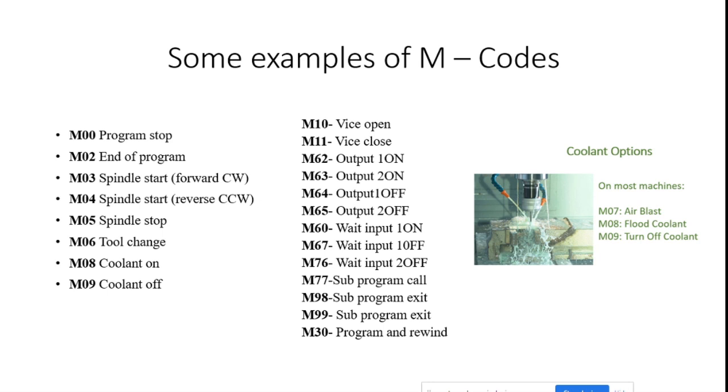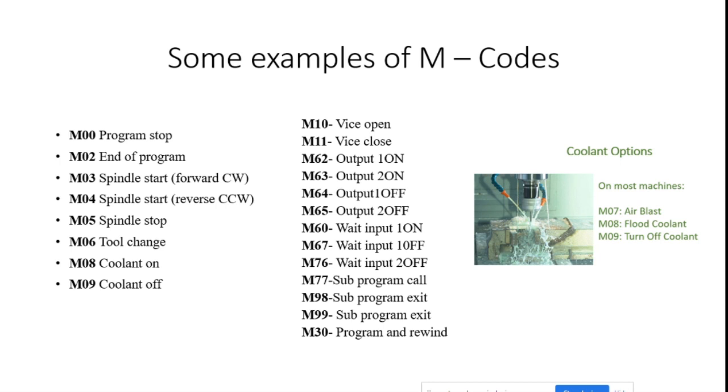Then M05 is also used for the spindle, but it gives the information about spindle stop. So M03, M04 and M05 always deal with the spindle operations. Then we can perform turning, threading, and drilling operations with the CNC turning center.